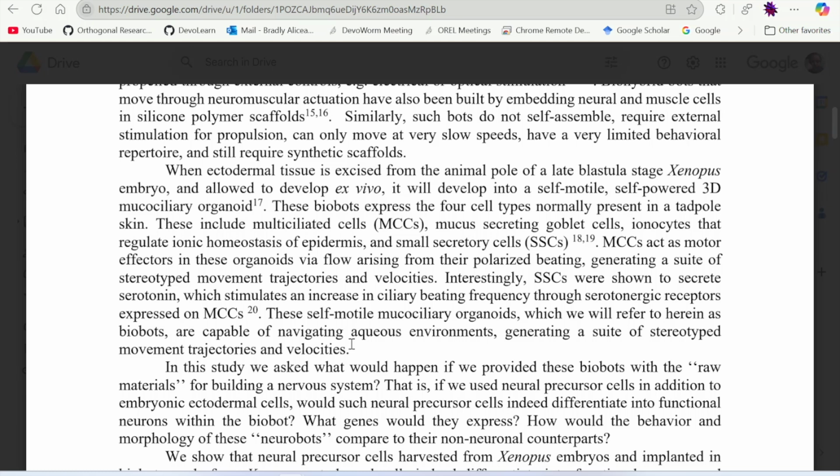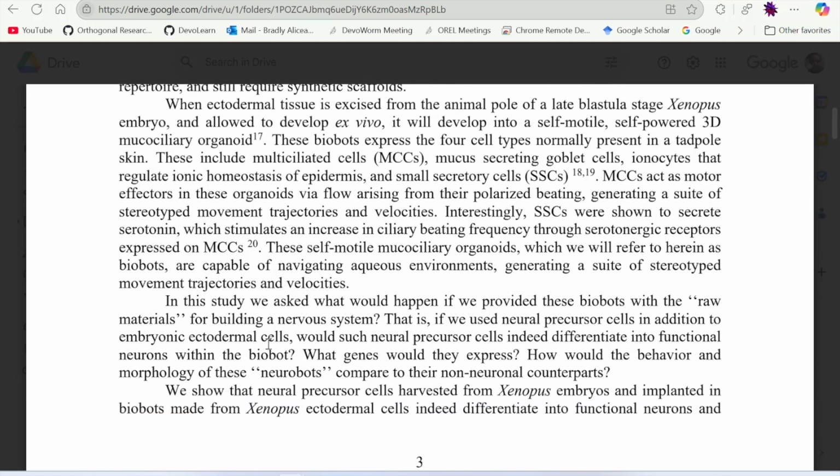So this is really interesting. They're using this system, a derivative of Xenopus embryos, and they're able to produce these 4 cell types in the skin. But more importantly, they're able to establish a very primitive sensory motor system, an embodied sensory motor system, and then you can introduce neurons into the mix and create neurobots.